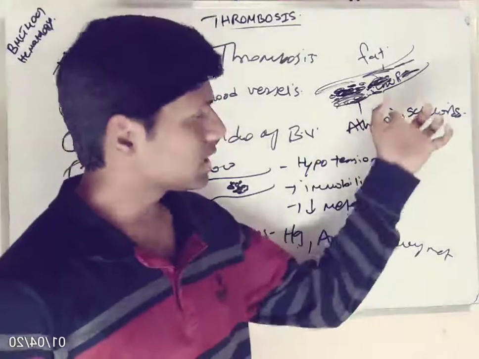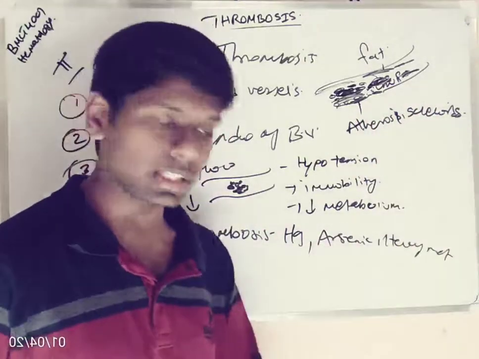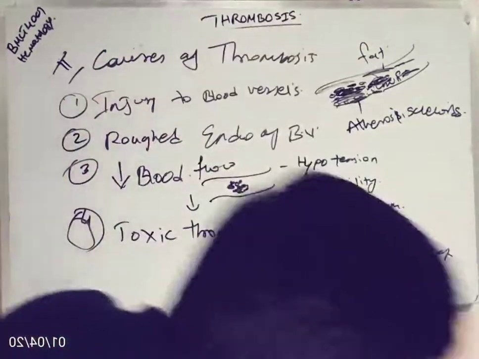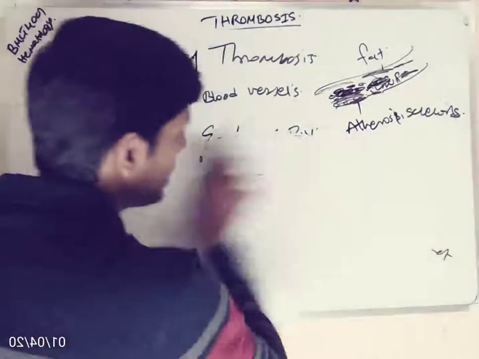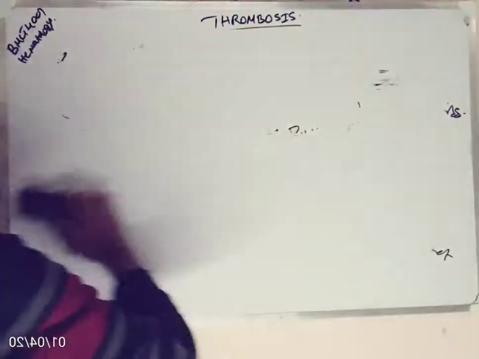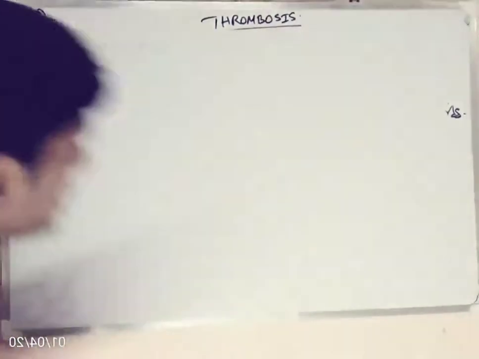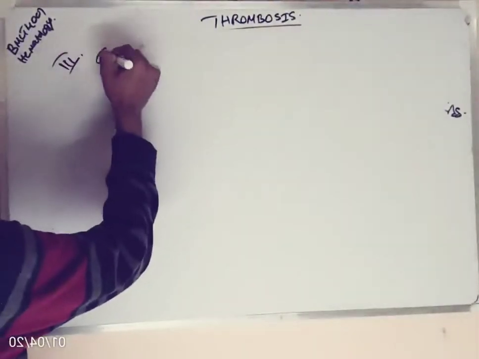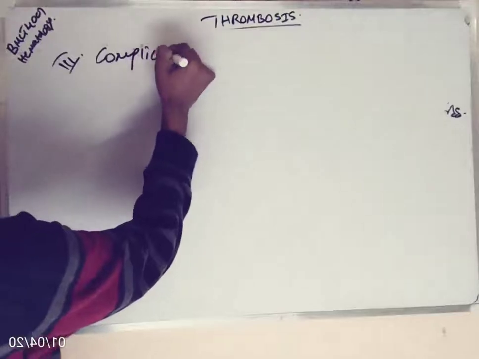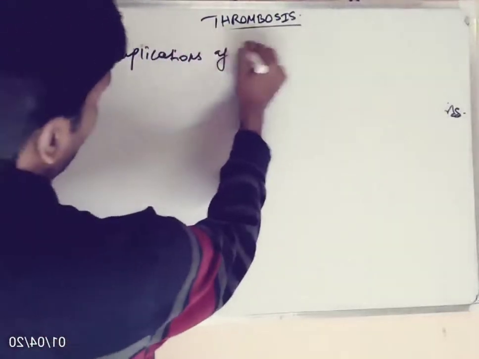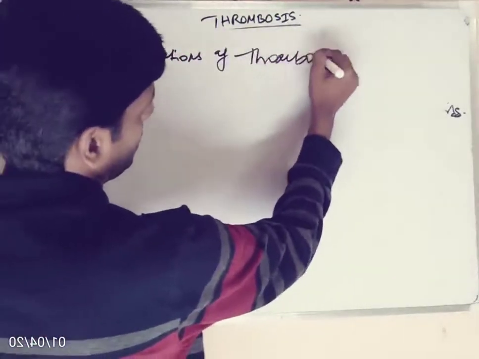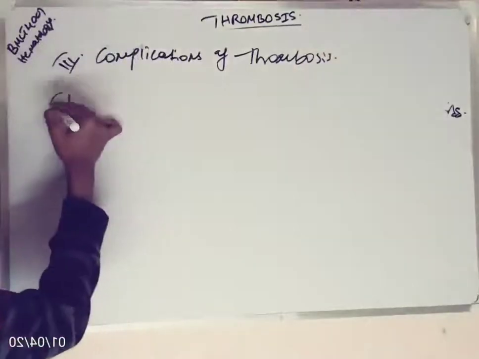So whenever there is a thrombus, what are the complications that we will get due to this thrombus generation? So next one is complications of thrombosis. We have 4 complications.